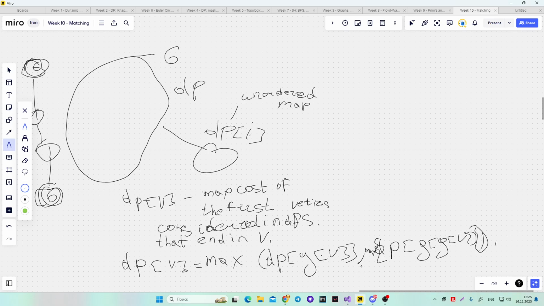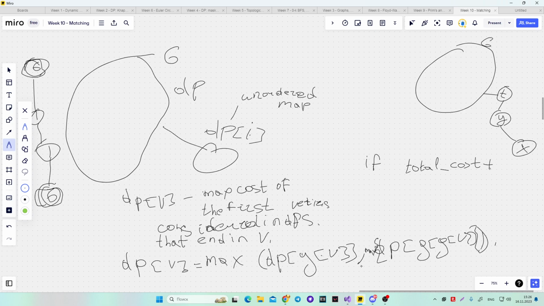I think a greedy algorithm would be better, if we just consider the first vertices and consider other vertices, and if total cost plus t.